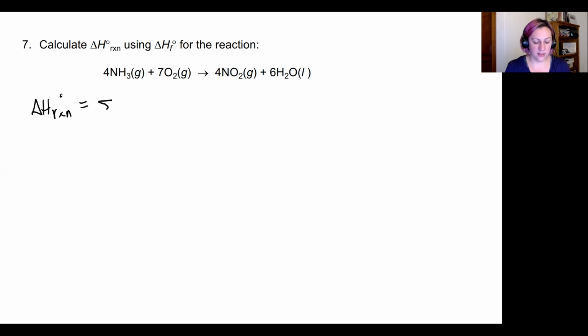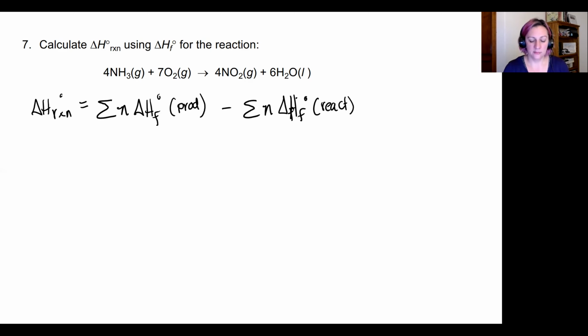So remember, my change in enthalpy of the reaction is going to be equal to the sum of the coefficient times the change in enthalpy of formation for any of my products, minus that sum of the coefficient times the change in standard enthalpy of formation for my reactants. So looking at my products, I have this NO2 and this H2O. So I'm going to write this out.